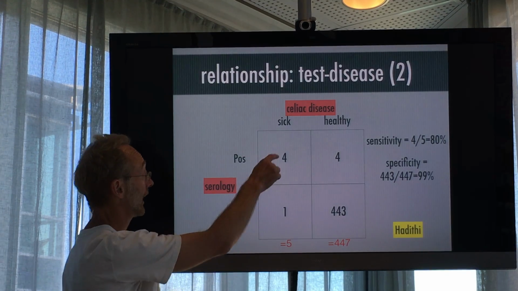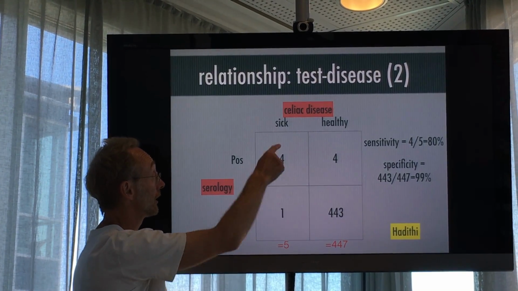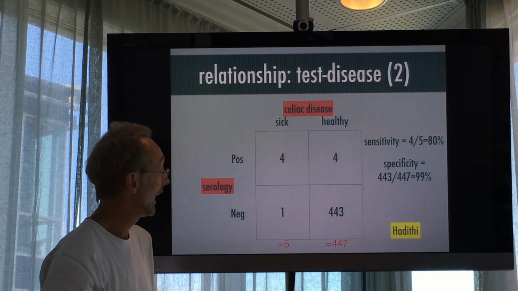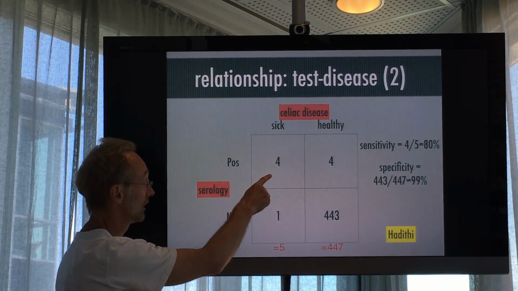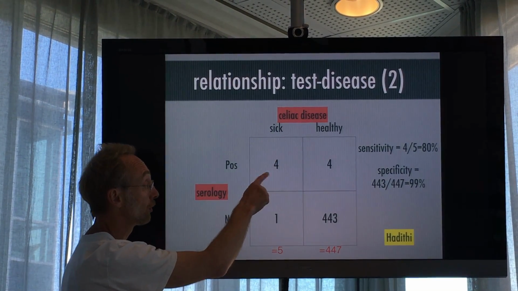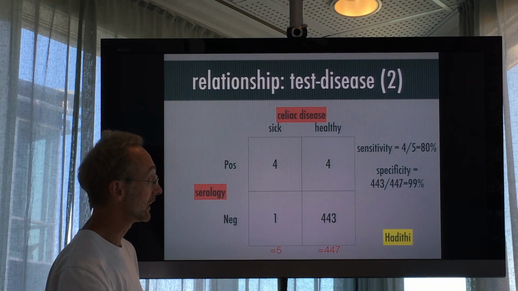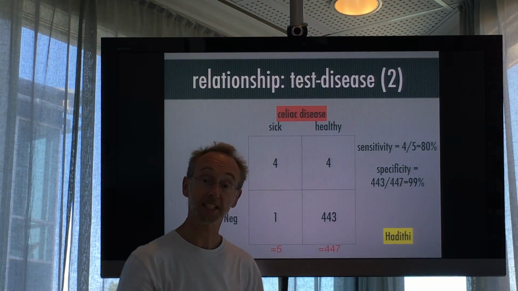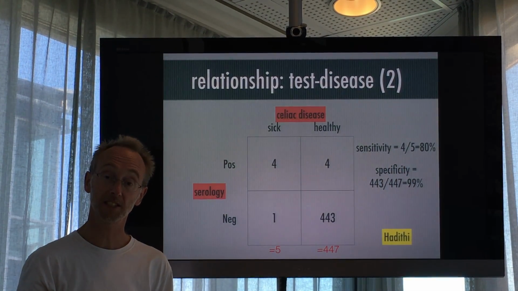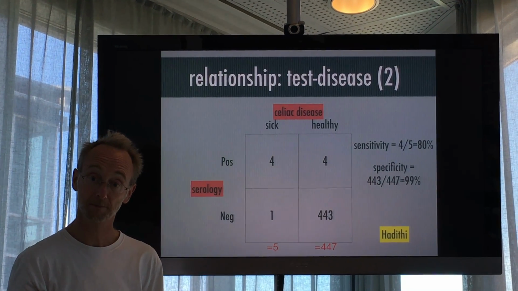Let's say here we have 5 people who are sick. Our test manages to identify 4 of these. So we have a sensitivity of 4 out of 5, 80%. The test has a sensitivity of 80%.